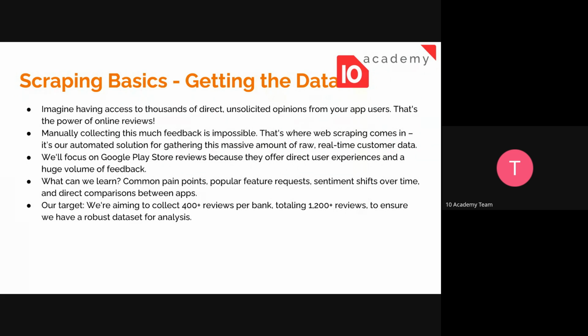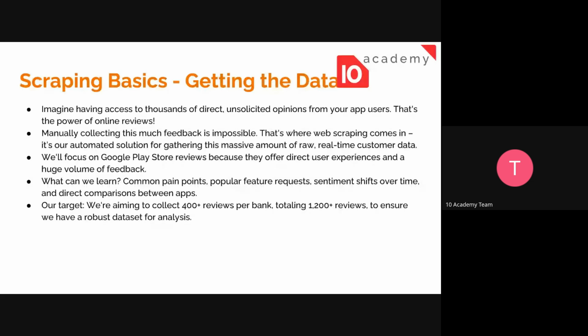Manually collecting this much feedback is impossible. That's where web scraping comes in, and it's our automated solution for gathering this massive amount of raw, real-time customer data. If you try to copy and paste every review manually, you would spend days or even weeks and months.